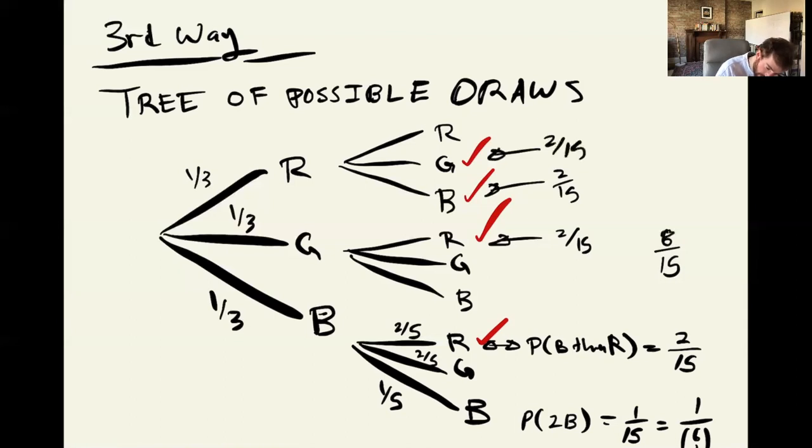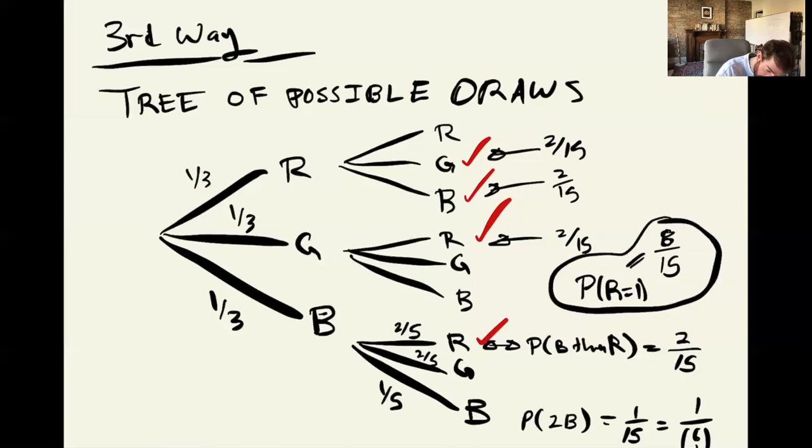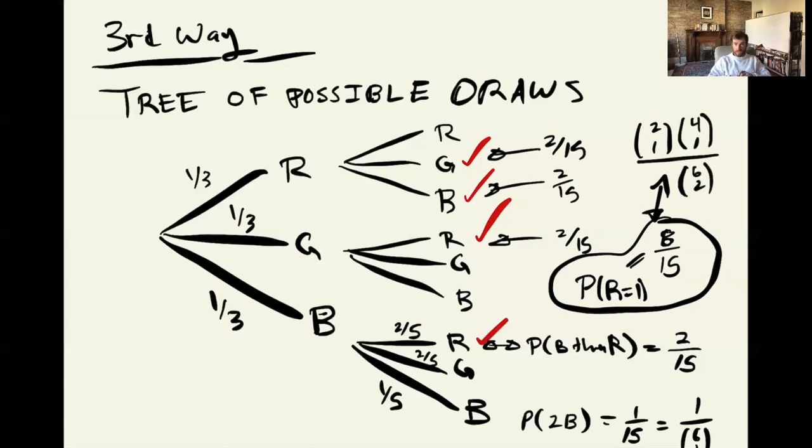So my correction is the probability of 1 red ball equals 8/15, which is also the same thing as I have 2 red balls, I choose one of them, and then I have 4 other colored balls and I choose one of them. So both these calculations work out exactly the same way.